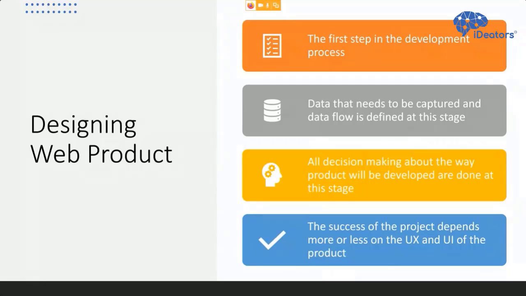So it's not that your complete product is designed up front. You are designing one module, very small modules, and that design happens in that particular sprint or development cycle itself. In 10 days you design, you develop, you test, and you deploy.